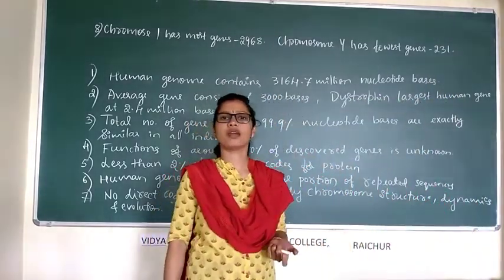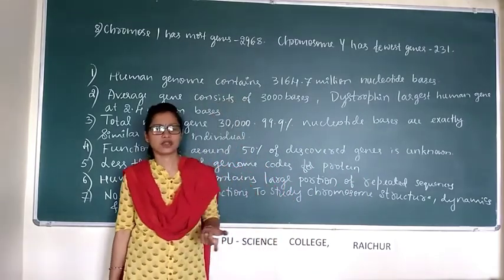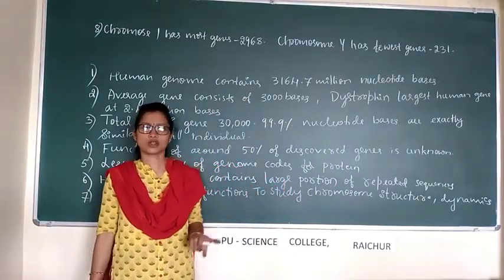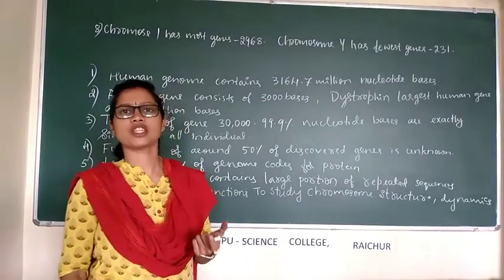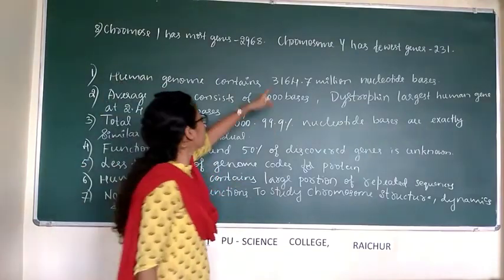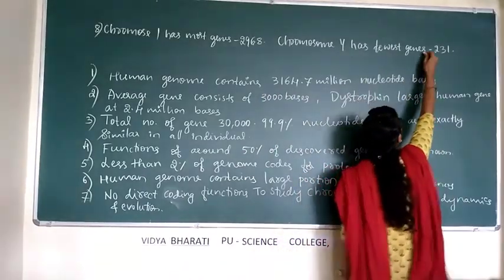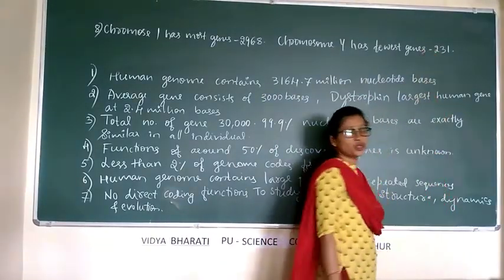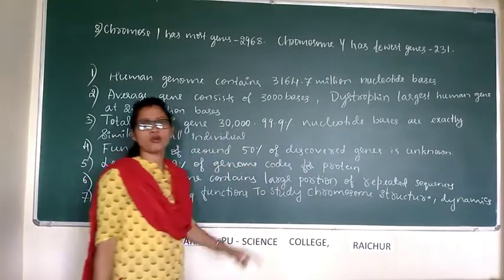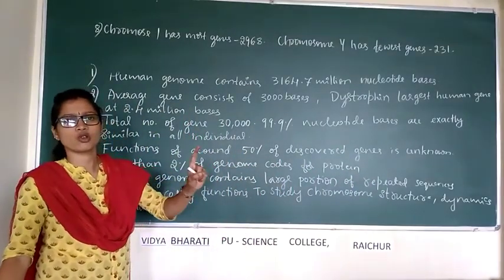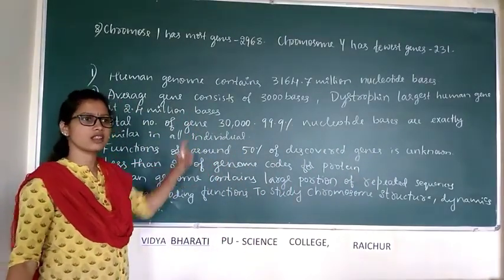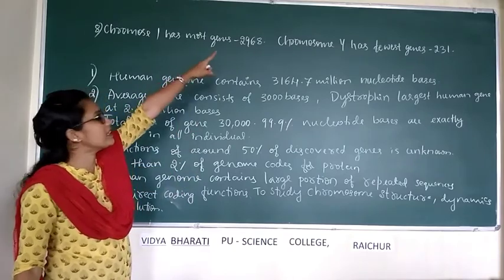In females, the Y chromosome is absent. The Y chromosome is a sex chromosome present in males, and it has the fewest genes, 231. Chromosome number 1 has more genes, that is 2968.